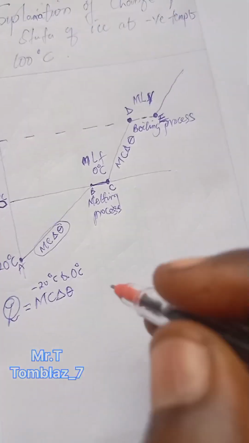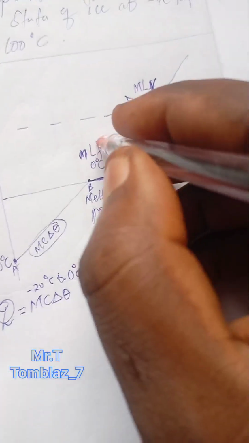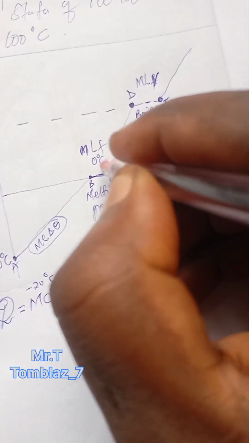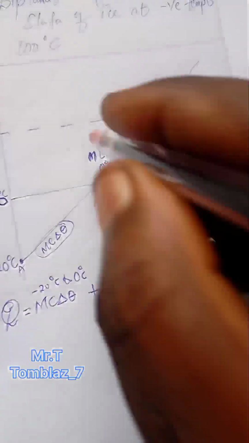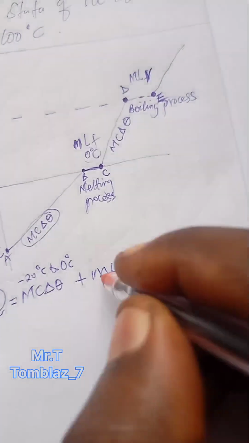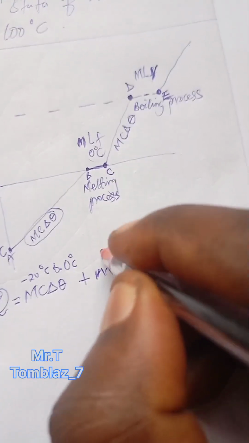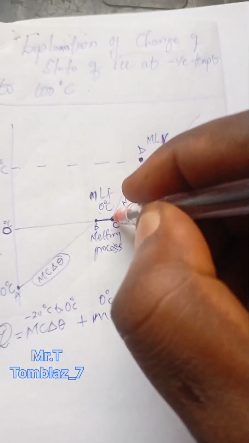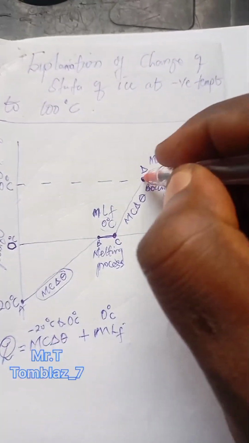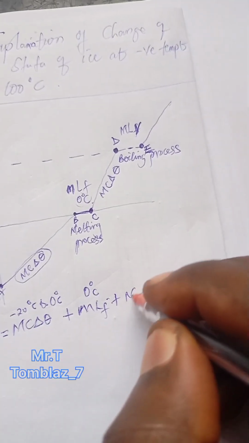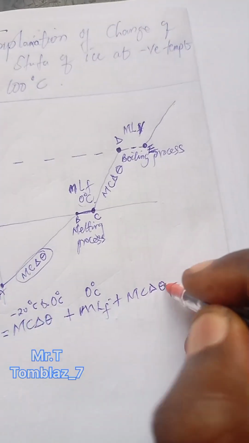Then plus the latent heat of fusion, where temperature doesn't change but remains at 0 degrees centigrade, we have MLF.